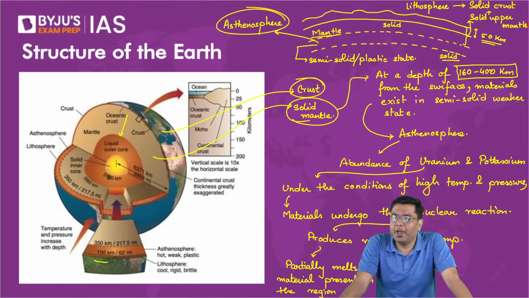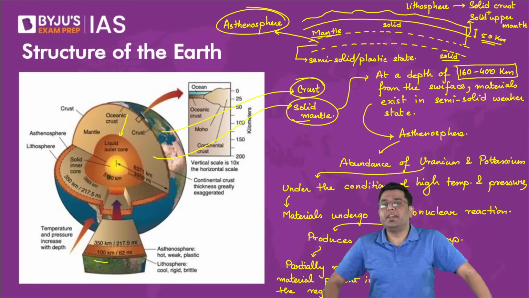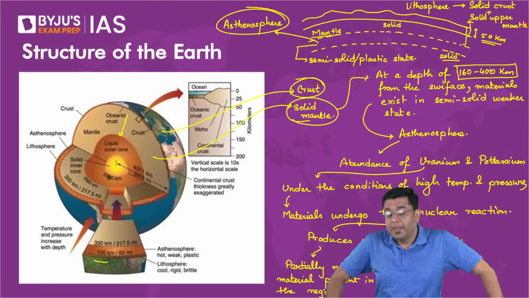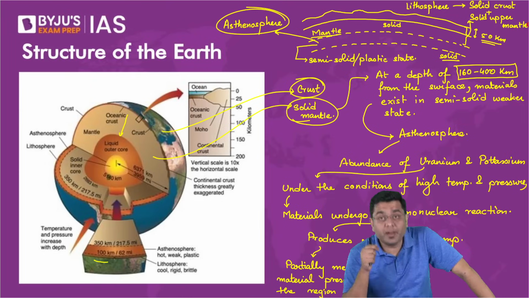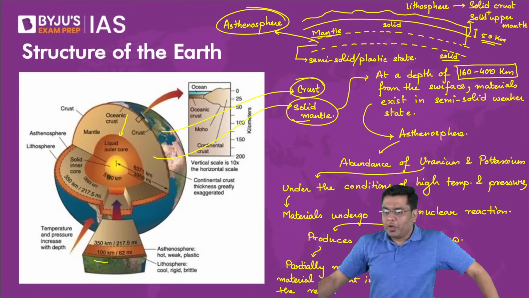Underneath that lithosphere, you have the weaker semi-solid plasticky layer, that is the asthenosphere. Why is it semi-solid? Because there you have a sudden abundance of radioactive materials such as uranium and potassium. So these materials under high temperature and high pressure undergo a thermonuclear reaction. And that produces so much amount of heat that you have the partial melting of materials in that region, creating that region of asthenosphere. Okay.